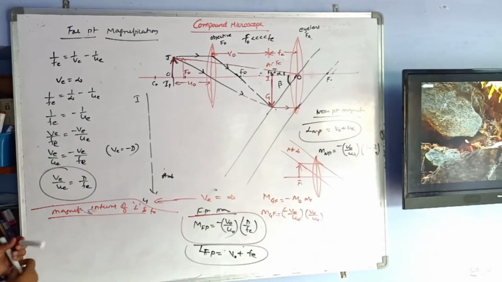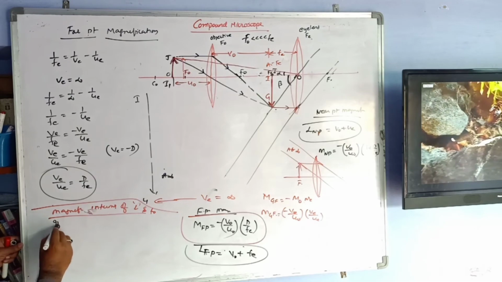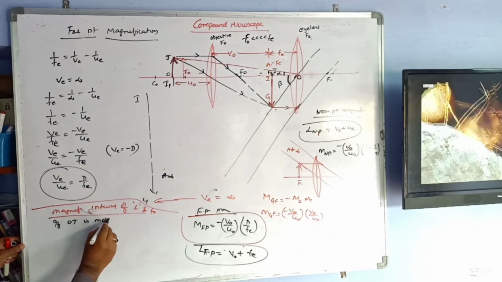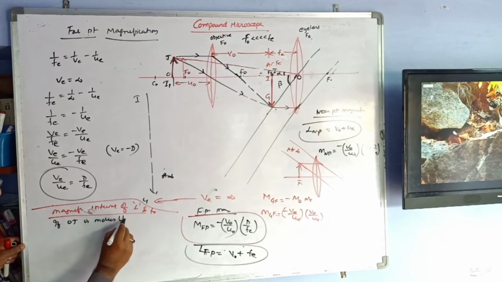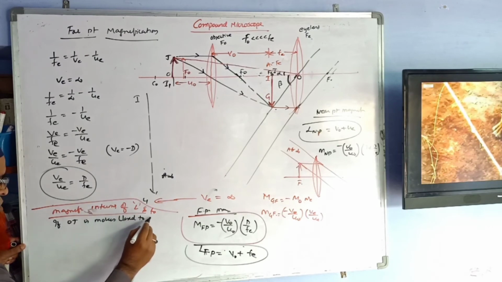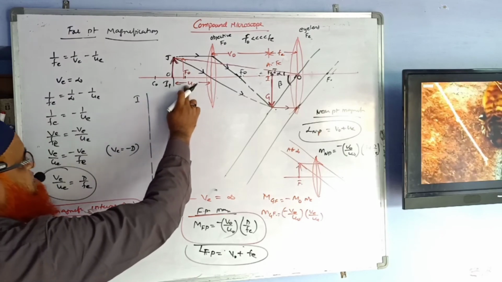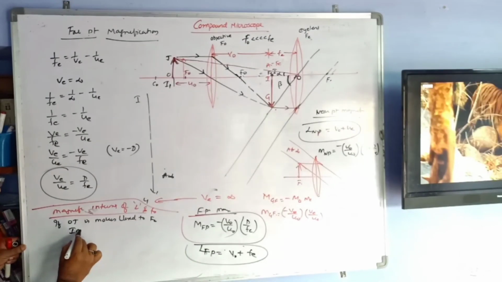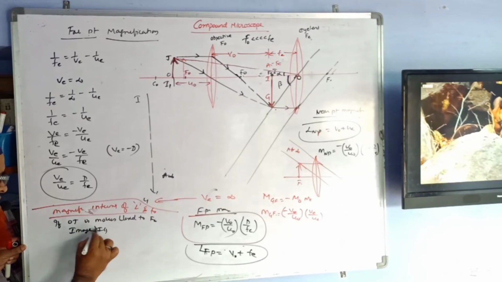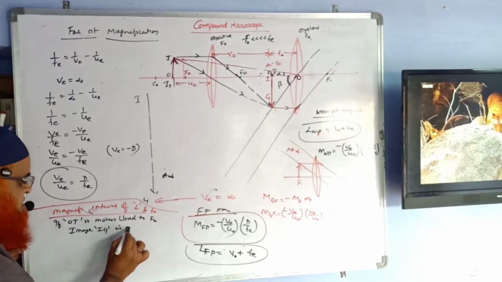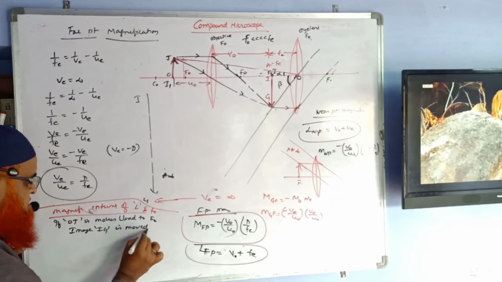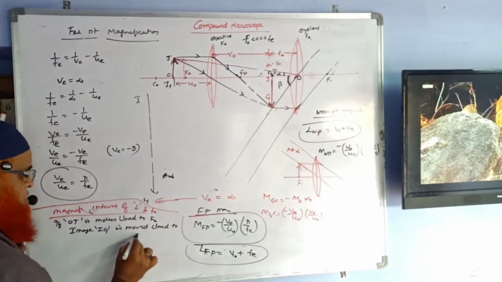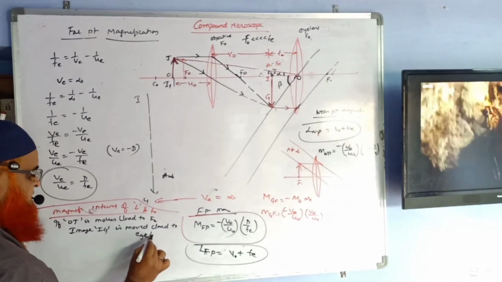Let me write here. The step is, if the object is moved closer to F naught, then what happens? The image is moved close to the eye lens.